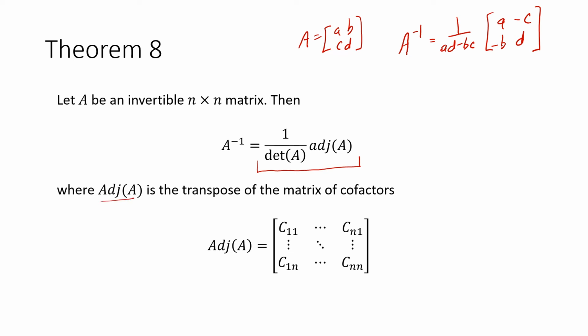So the adjugate matrix is the transpose of the matrix of cofactors. And you can see that's exactly what we have here. What is the 1,1 cofactor of our matrix A up above? The 1,1 cofactor is when you eliminate the first row and the first column. What are you left with? d. And I have that backwards.